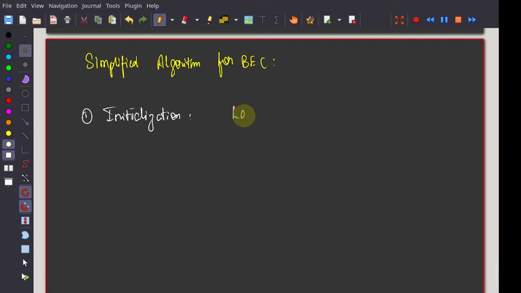So you label all variable nodes with the received value. So xi of 0 is equal to yi, exactly what has been received.